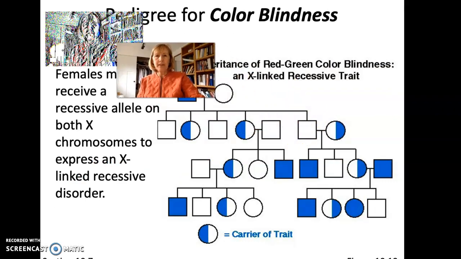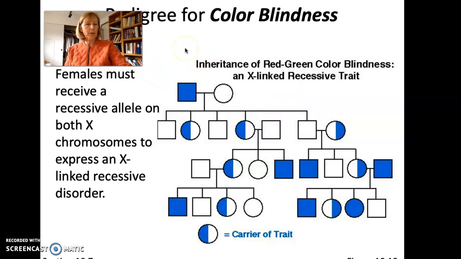Okay, so this is a pedigree for colorblindness. If you remember, colorblindness is only inherited on the X chromosome, not on the Y. So males tend to get it more. That might sound counterintuitive. Why do they get it more if it's not on the Y? That's because they only have one chance to get it right, whereas the female has two.